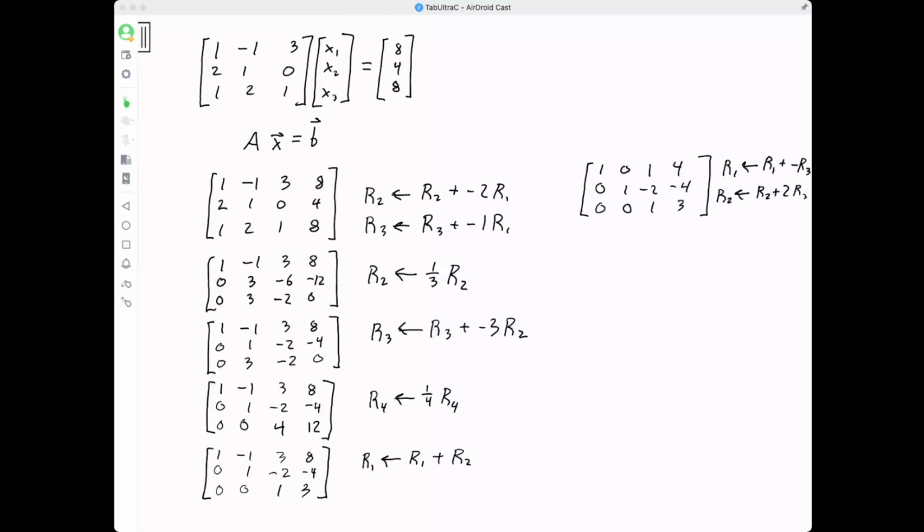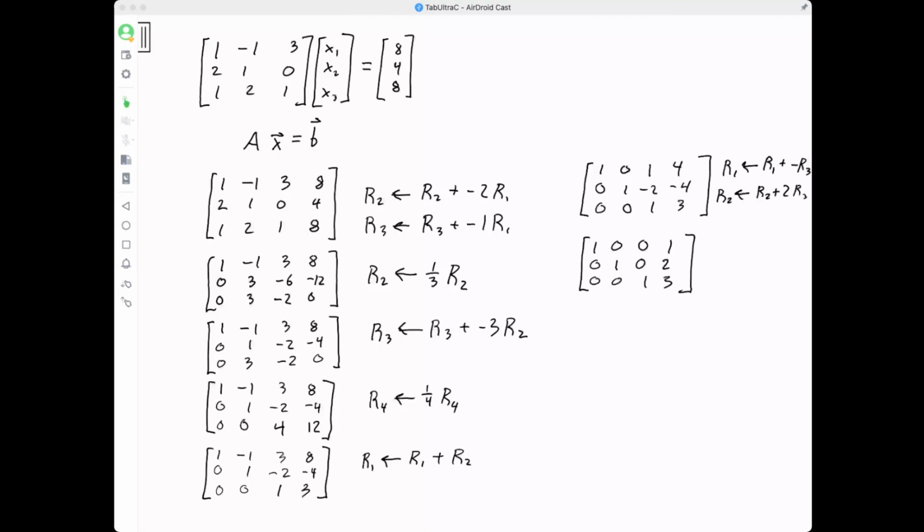When I do that, my first row becomes 1, 0. 1 plus a negative 1 is 0. 4 plus a negative 3 is 1. My second row becomes 0, 1. Negative 2 plus 2 becomes 0. And negative 4 plus 6 becomes 2. And my third row, 0, 0, 1, 3.